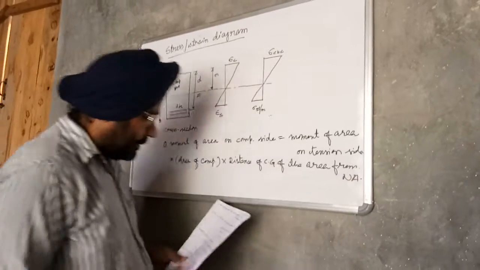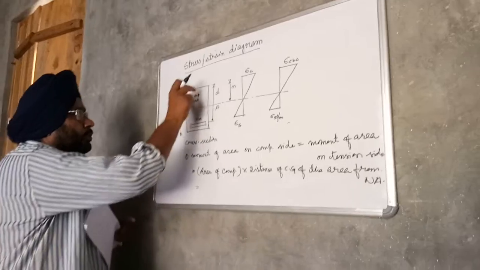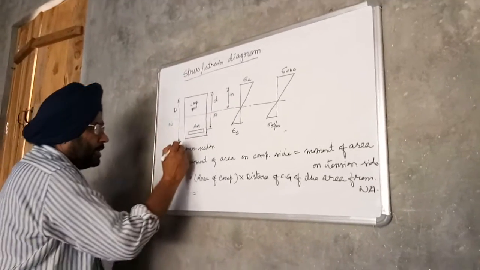The area of compression is equal to B into n, where B is the width of the section and n is the depth of the neutral axis.